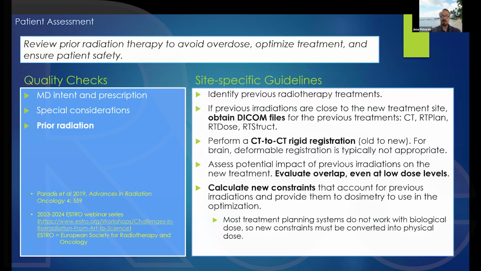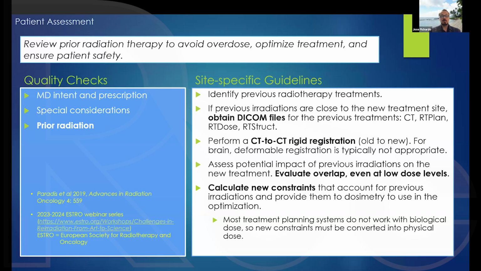You want to evaluate if there's any overlap. And what's really, really important is that you look at where the low dose isodose lines are falling, because you may think, oh, that's just low dose, but you're adding it to maybe medium to high or even the low dose levels from the new plan, right? So now something that was only a few gray now becomes 10 gray.